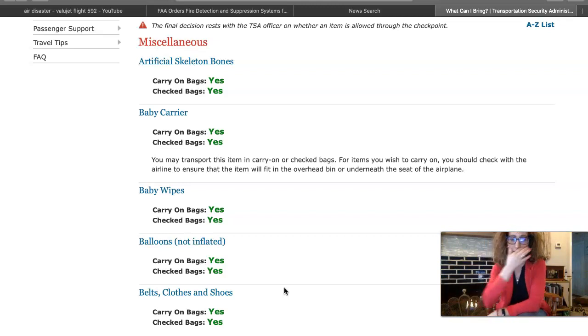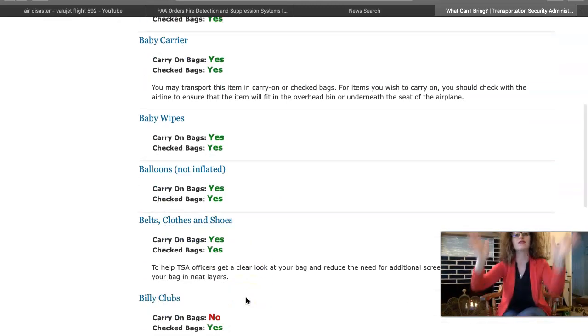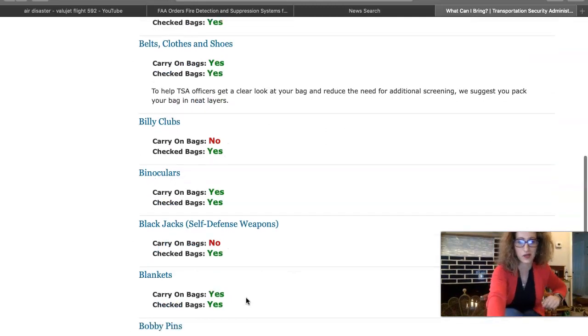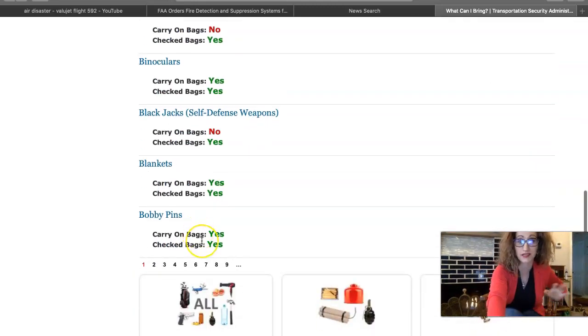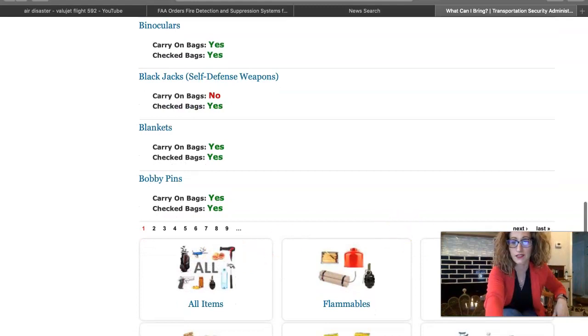They have to be not inflated. Belts, clothes, and shoes. Hallelujah. We can still wear our clothes. I mean, they probably put this on here, guys, because people ask the question. Let's be real. Bobby pins, that's a good thing. I've got bobby pins on me all the time, even when I don't know it. Stuck in my hair. You ladies and men with longer hair understand that.